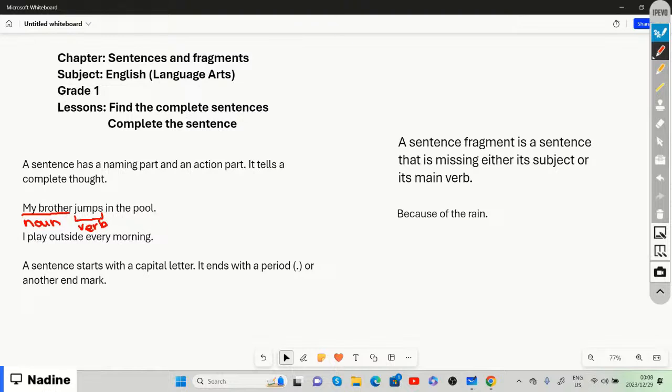So once a sentence has a naming part, which is a noun, as well as an action part, which is a verb, then it is a complete thought.